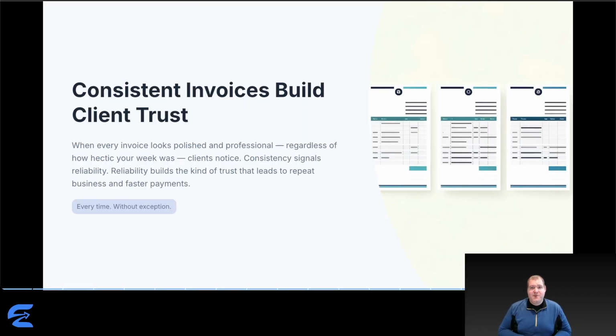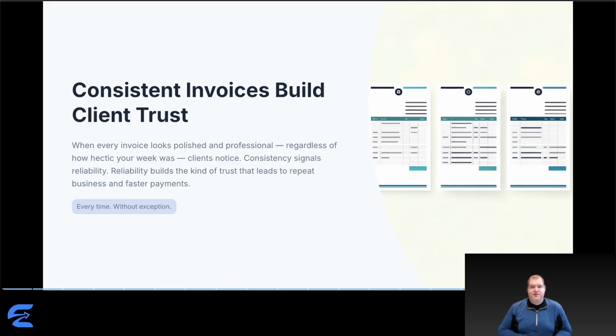There's something worth naming beyond the time savings. When every invoice you send looks polished and professional, regardless of how chaotic the particular week was, clients notice. They may not say anything directly, but consistency signals reliability. A client who consistently receives clear, well-described invoices starts associating that level of professionalism with your work overall, not just your billing.